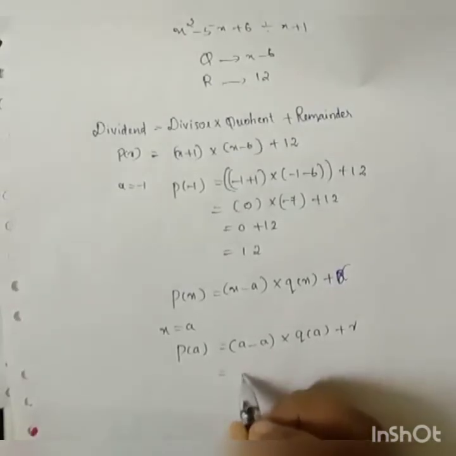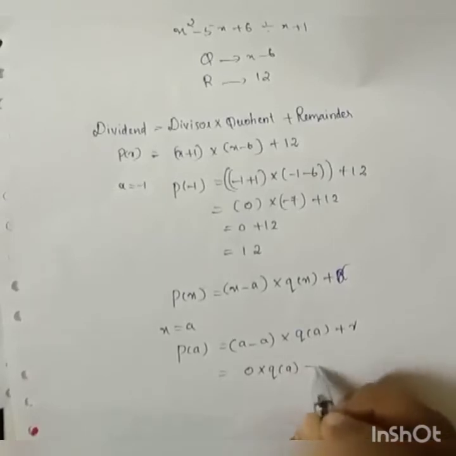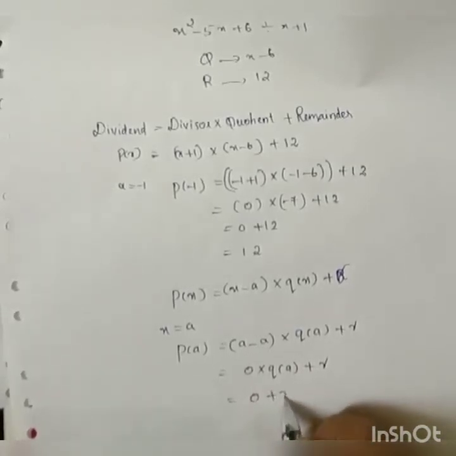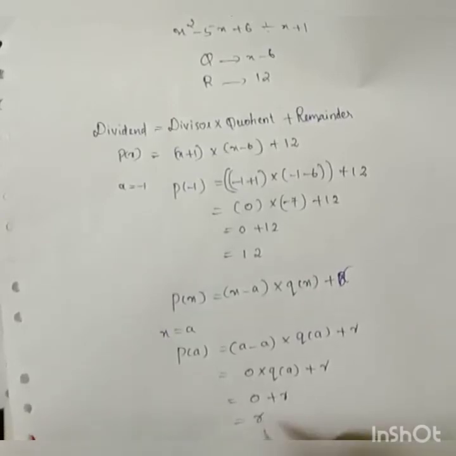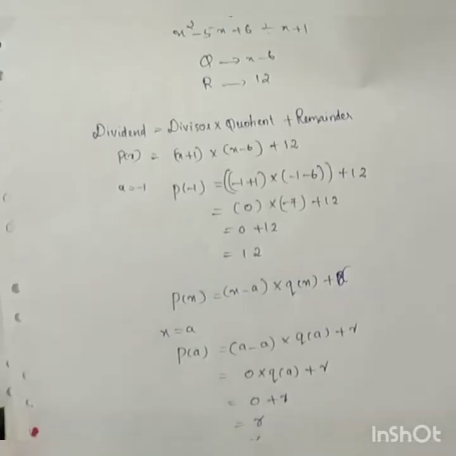A minus a becomes 0 into q of a plus r. 0 into anything becomes 0. 0 plus r equals r. That is, p of a equals r.